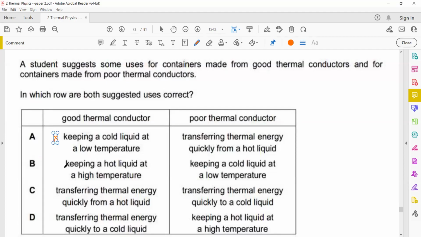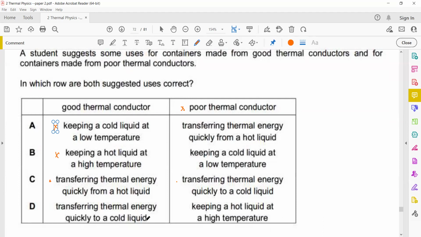Keeping hot liquid at high temperature, no, because it's a good thermal conductor, so it will allow thermal energy to pass through. Transferring thermal energy quickly from hot liquid, okay. Transferring thermal energy quickly, no, because it's a poor thermal conductor. So a good thermal conductor transfers thermal energy quickly to a cold liquid, and a poor thermal conductor keeps a hot liquid at high temperature. So it will be D.